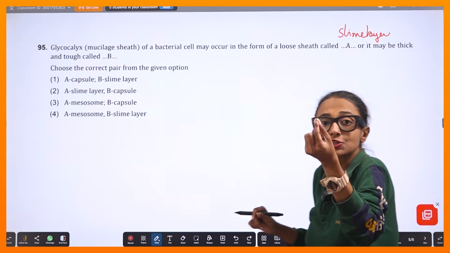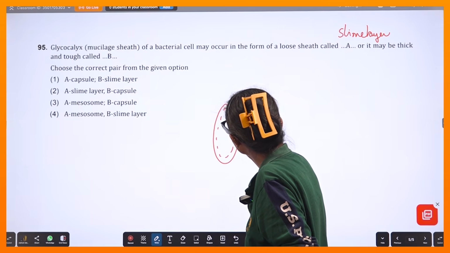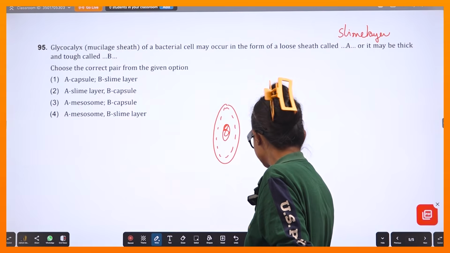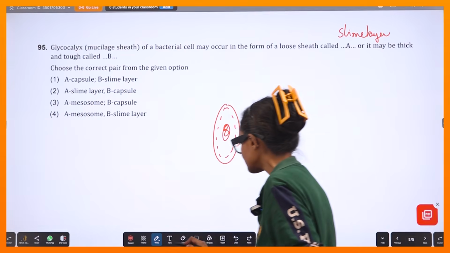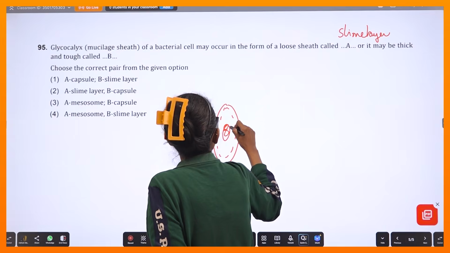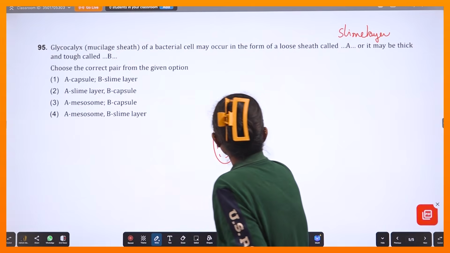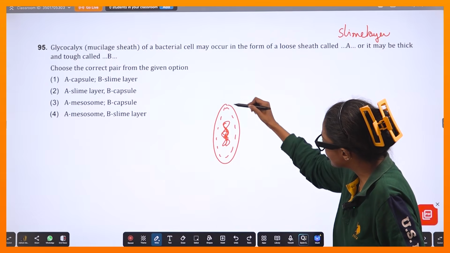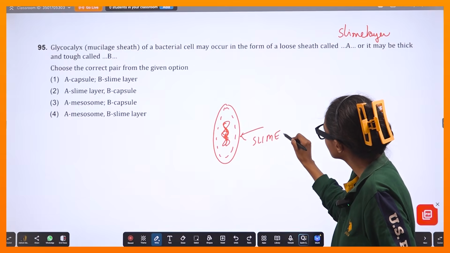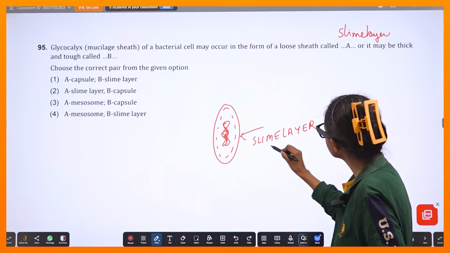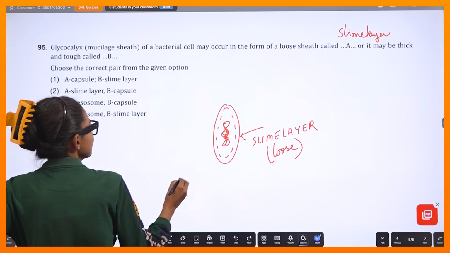So in a bacterial cell, you have the glycocalyx around the plasma membrane. This can be slimy when it's loose, or it might be tough.